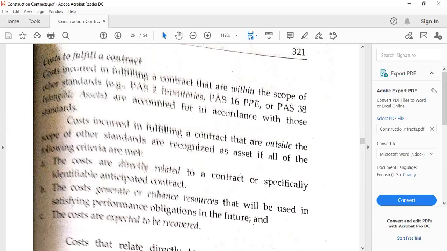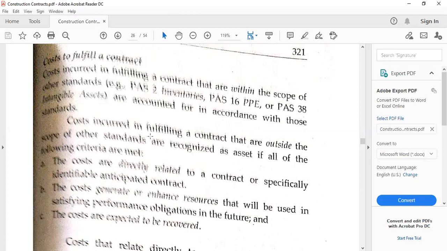Now, we have to follow the rules though for certain costs incurred for the fulfillment of a contract or for the construction or for the acquisition of these assets. For example, inventories are to be acquired, PPE and intangible assets are to be made or constructed, or even PPE just to be bought or intangible assets to be bought.